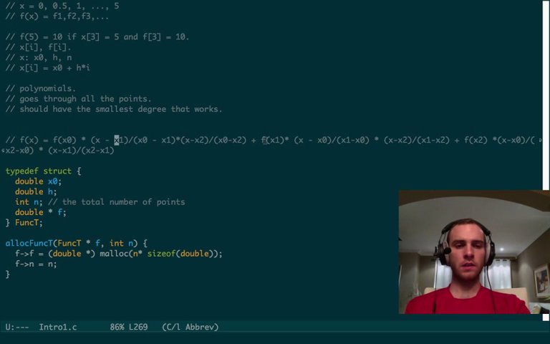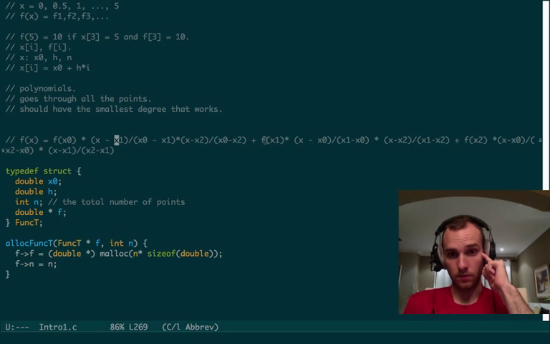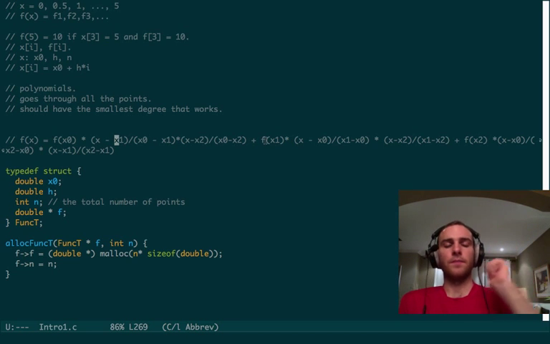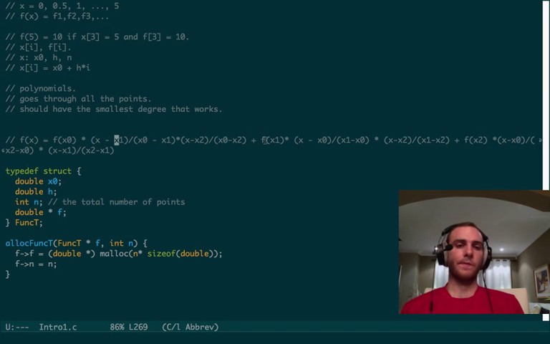If you want, instead of making a polynomial that you can evaluate, to be given an x value and return f of x directly, say you just want to do this once, you should be able to do that as well.